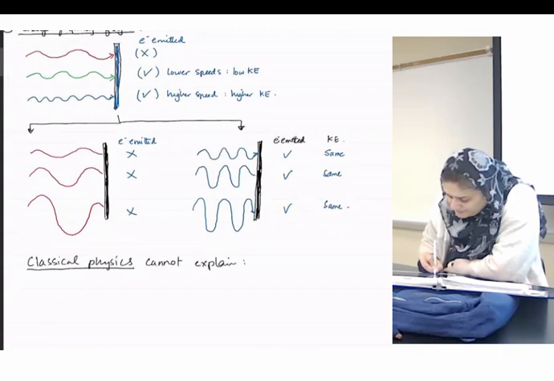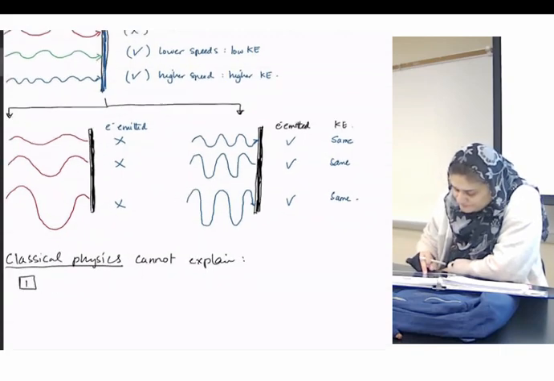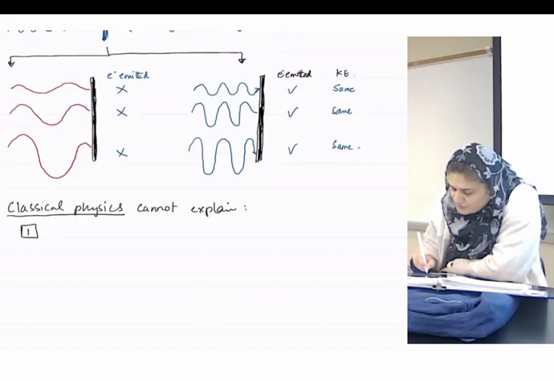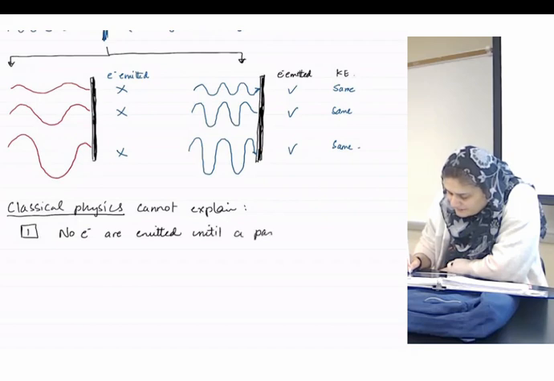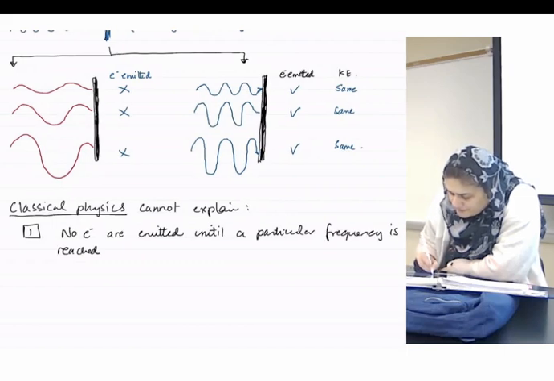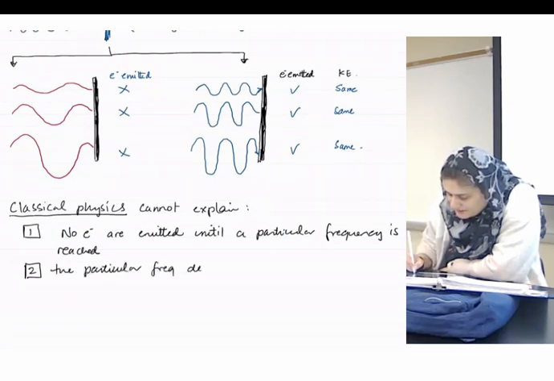Number one, no electrons are emitted until a particular frequency is reached. Number two, the particular frequency depends on the metal.